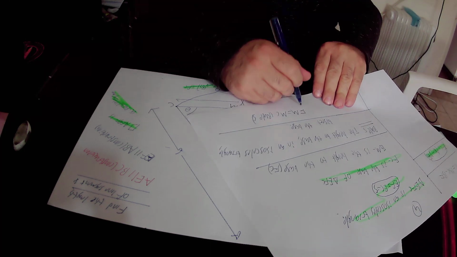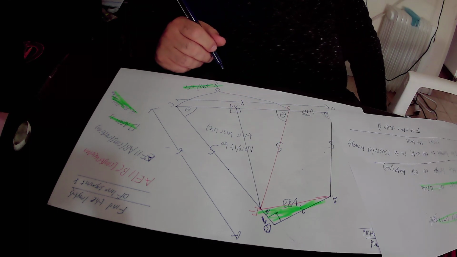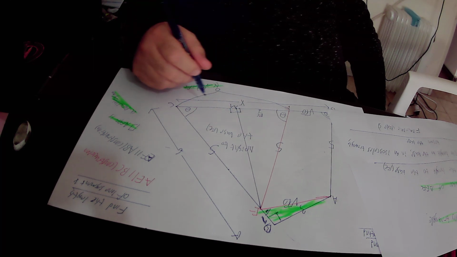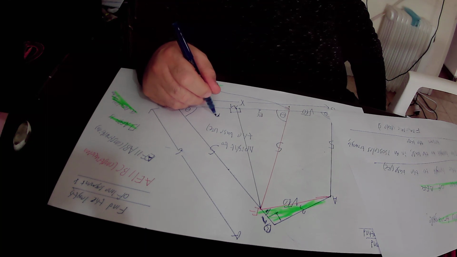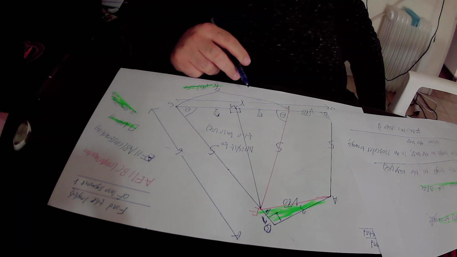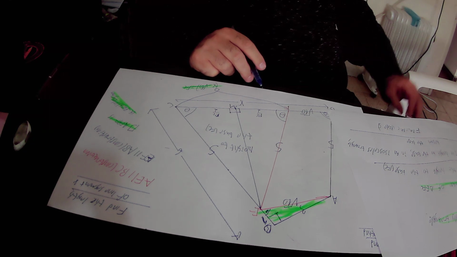It means that it divides it into two equal parts. If it divides the base FC into two equal parts, each part will be equal to FC over 2. So FM equals FC over 2, and MC will also be equal to FC over 2, because it bisects the base into two equal parts. So each part must be equal to FC over 2.